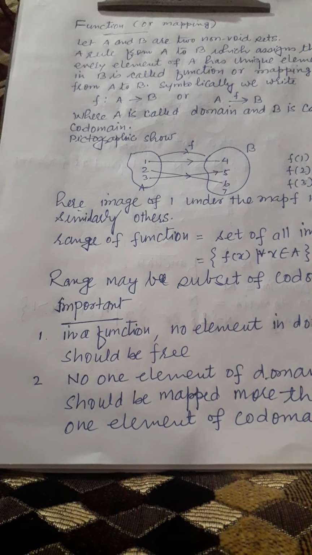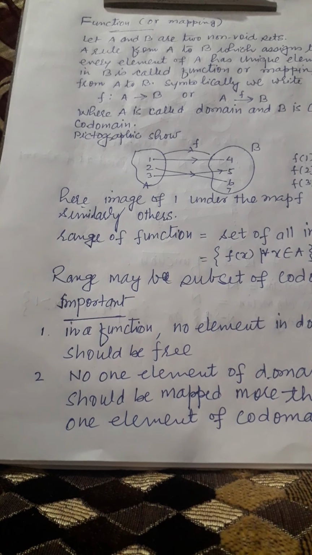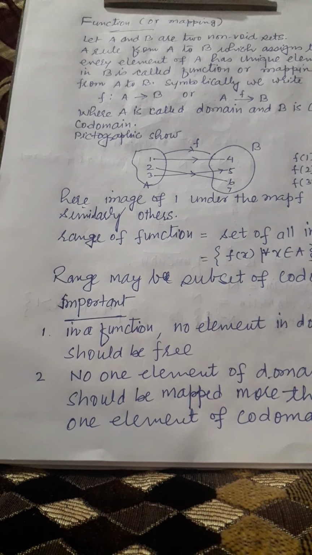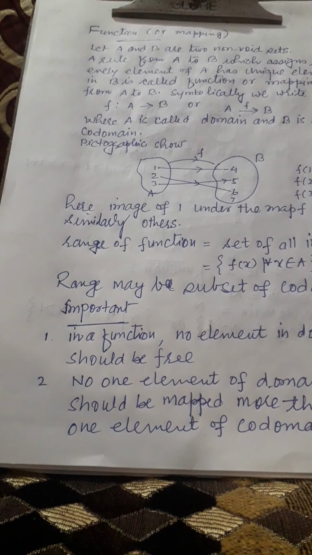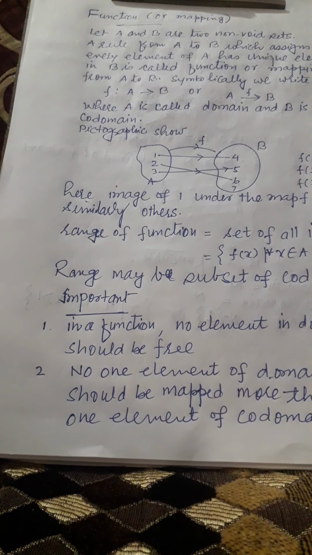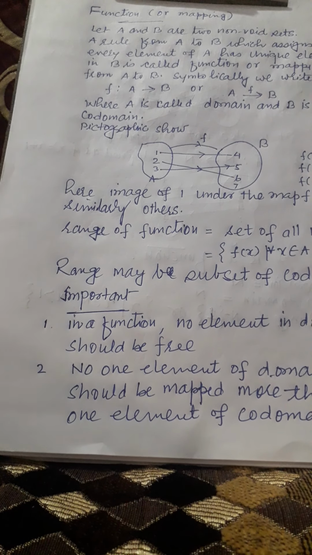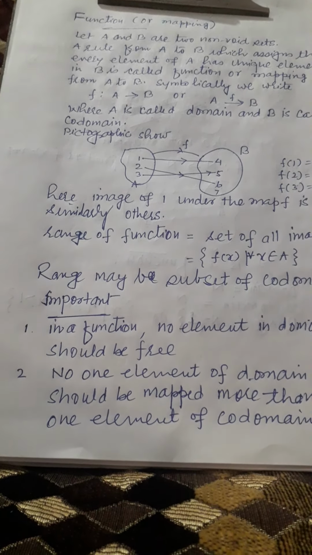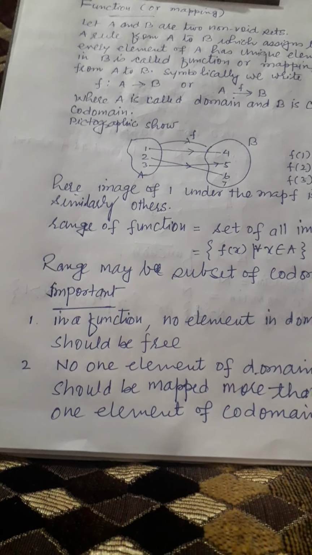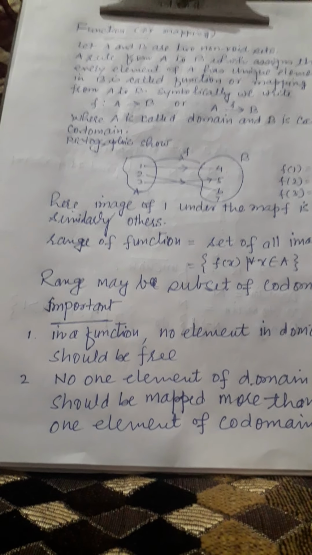Symbolically, we denote f such that A to B, or A arrow B, and f is written above the arrow, where the set A is called domain and the set B is called codomain.